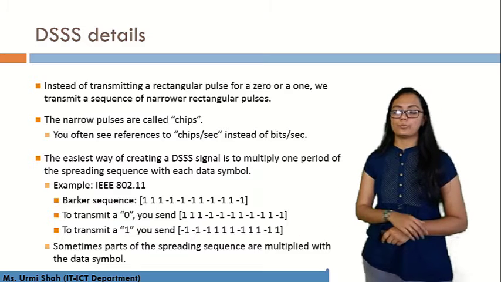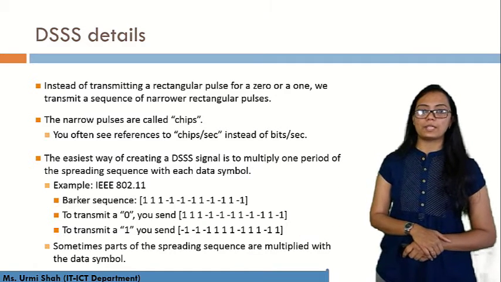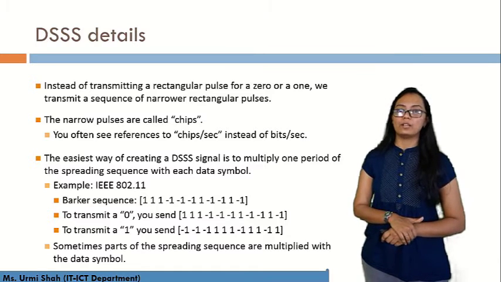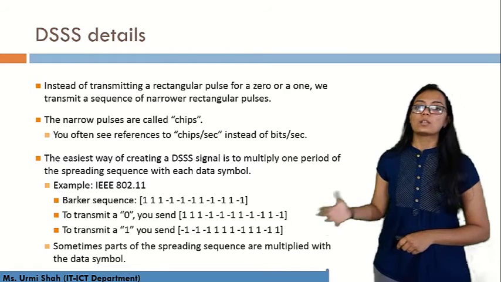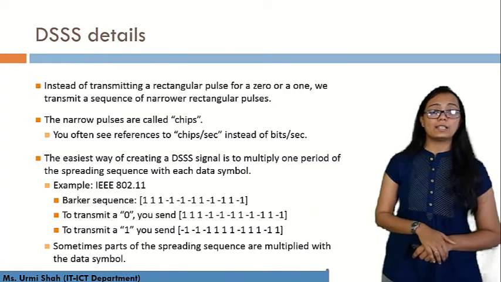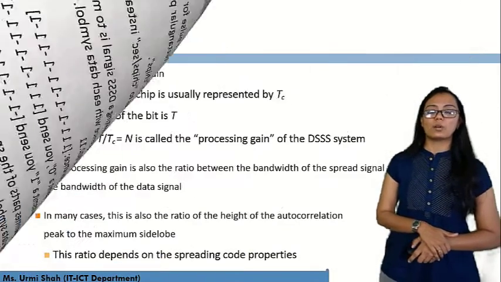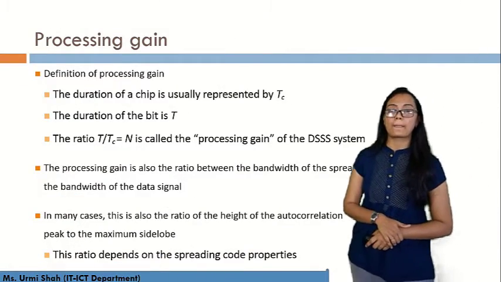And exactly the opposite: if I want to transmit a 1, I need to send -1, -1, -1, 1, 1, 1, -1, 1, 1, -1, 1. Sometimes parts of the spreading sequence are multiplied with the data symbol. So this is all about DSSS.